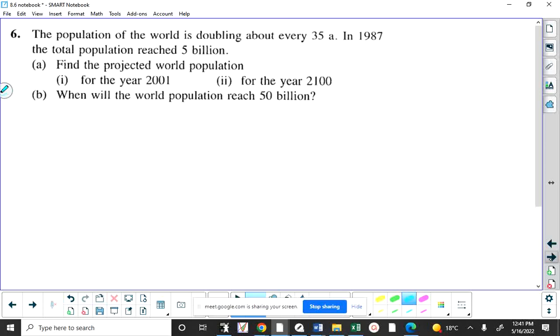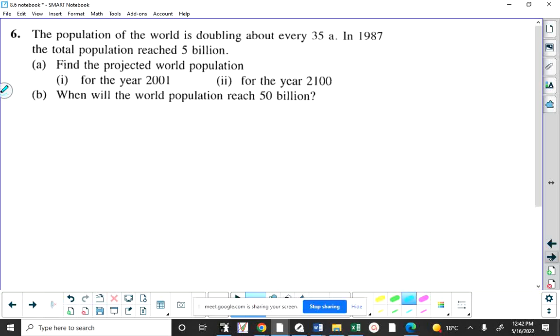So we're being told that the population of the world is doubling about every 35 years. Let's keep something in mind that this is an out-of-date textbook. When we say in 1987 the total population is 5 billion, that's kind of our zero time mark.